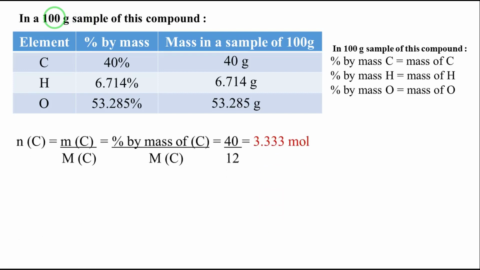Now, you have to calculate the number of mole for carbon, for hydrogen, and for oxygen. In order to calculate the number of mole for carbon, it's equal to the mass of carbon divided by its molar mass. So here you can say that the mass of carbon is equal to the percentage by mass of carbon, which is equal here to 40, divided by the molar mass of carbon, which is given for you, 12 gram per mole.